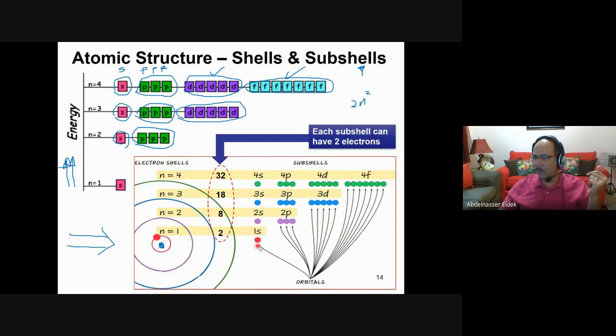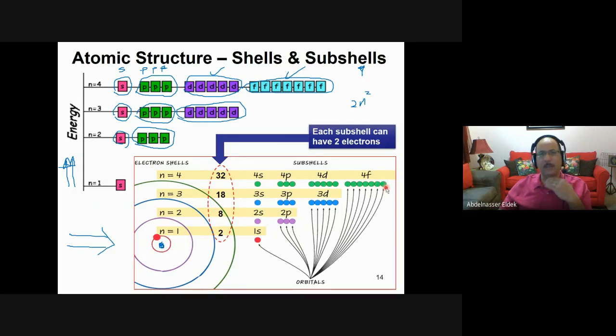Because you have one variation of s. And for n number 2, you have one variation for s, 3 variations for p. For n number 3, you have one variation for s, 3 variations for p, 5 variations for d. For n number 4, you have one variation for s, 3 variations for p, 5 variations for d, 7 variations for f, and so on.